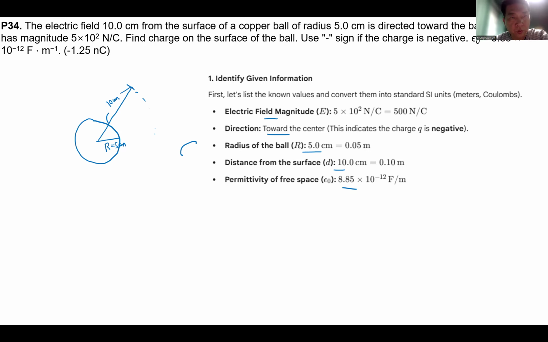And then obviously we can draw the Gaussian surface, which is a sphere, a Gaussian sphere.